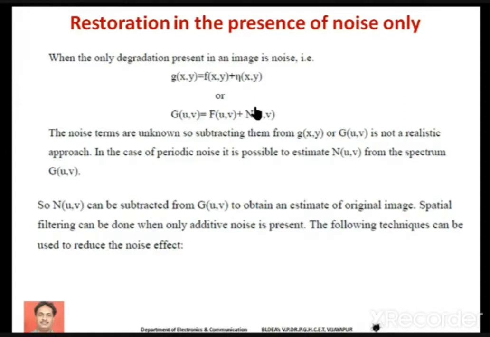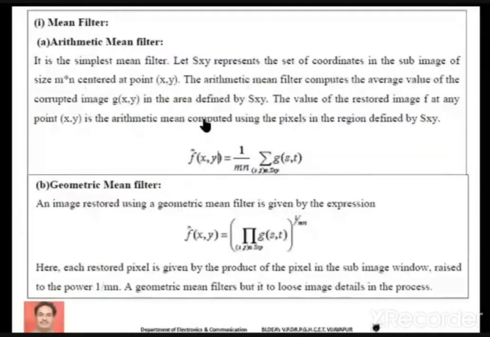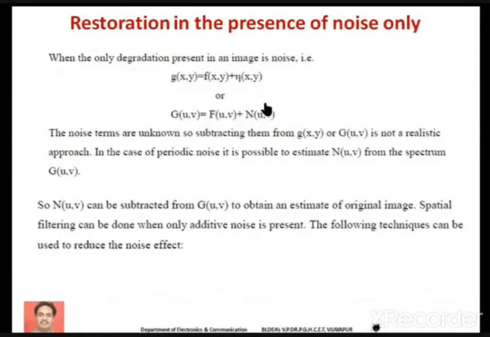However, if this additive noise is periodic noise, then we can identify it by the spectrum of G of u comma v. If you are able to get the spectrum of capital G of u comma v, you can estimate the periodic noise capital N of u comma v.